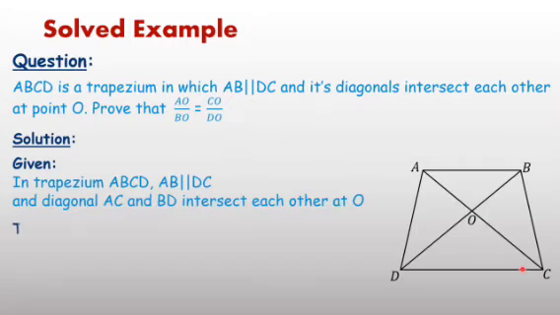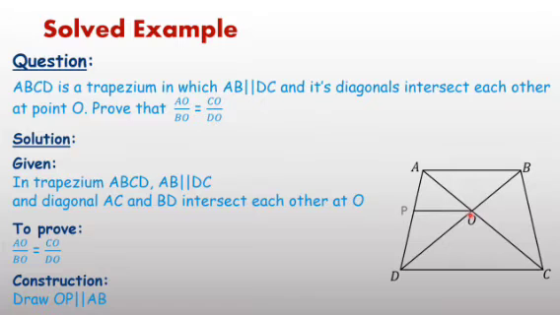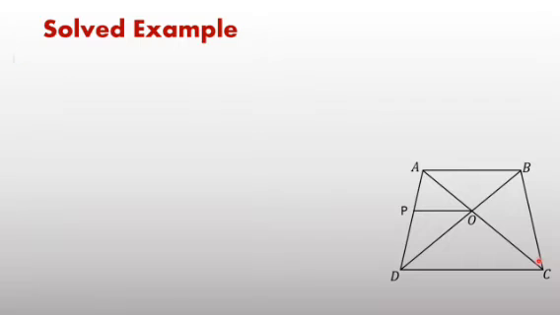And here the diagonals intersect at O. We have to prove AO upon BO equal to CO upon DO. Now the construction required: draw OP parallel to AB. If OP is parallel to AB, and it is already given that AB is parallel to DC, it implies OP is also parallel to DC.